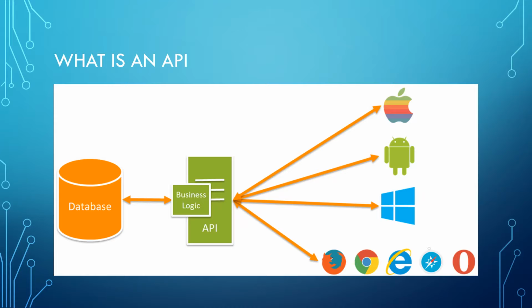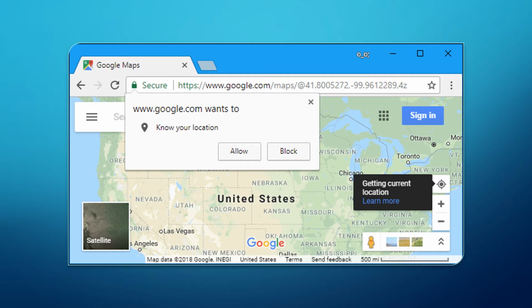The other side of an API that not many people think about is when you go to your browser, Firefox, Chrome, whatever, on your phone, and it says, hey, we want your location, give it to us, that's important. And you select allow.